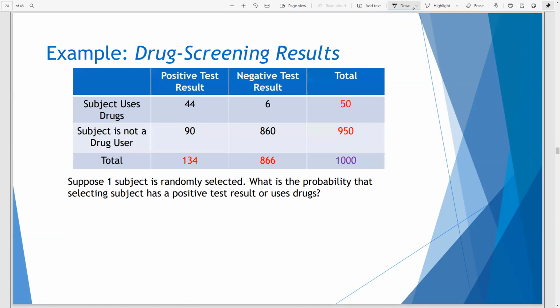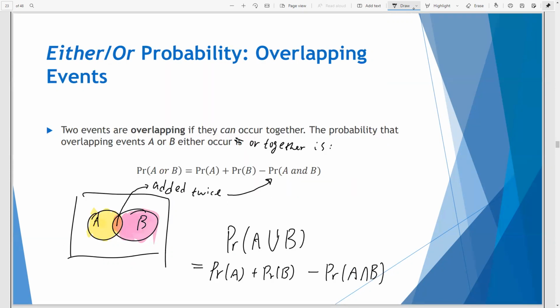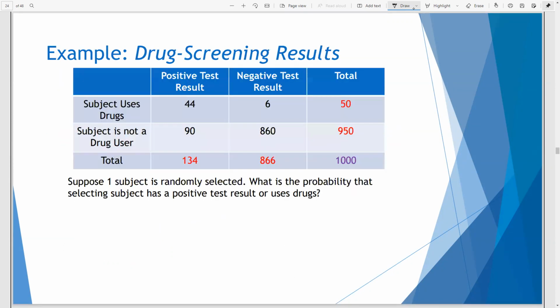So let's see an example. Take away the extra: the sum of each one, take away the overlapping. One subject is randomly selected, still the same drug test. What is the probability the selected subject has a positive result or uses drugs?